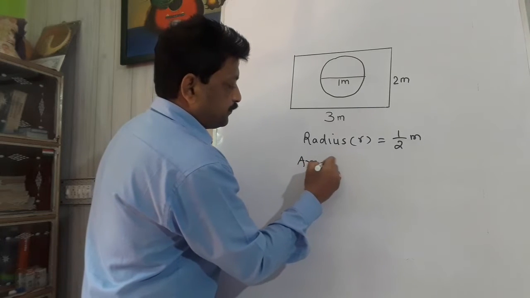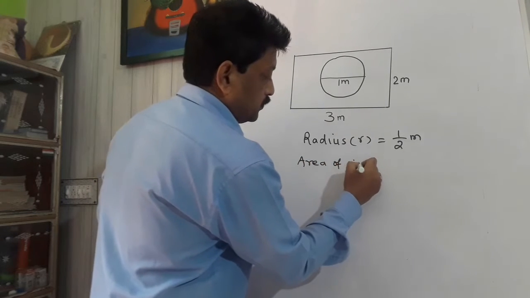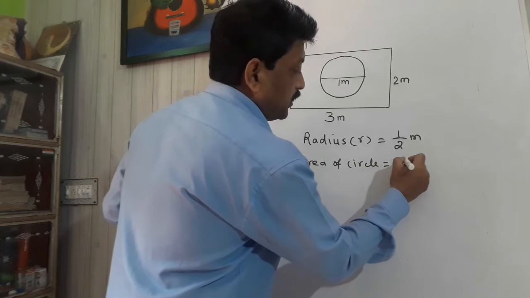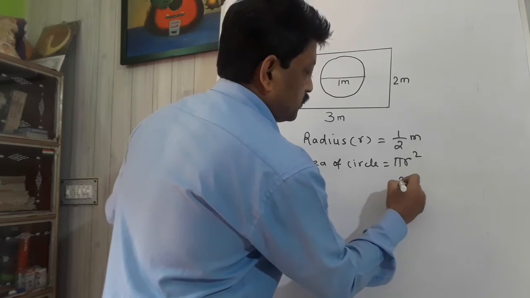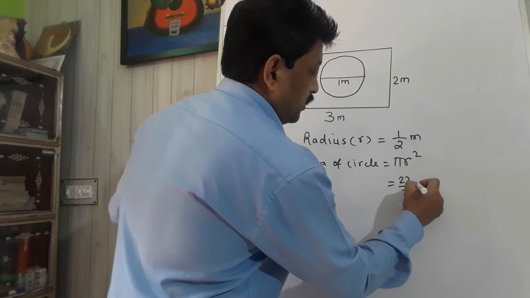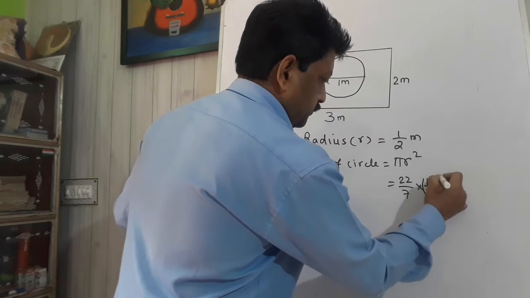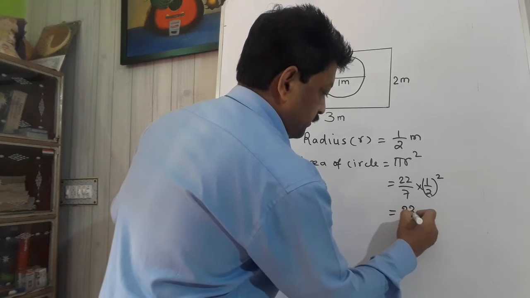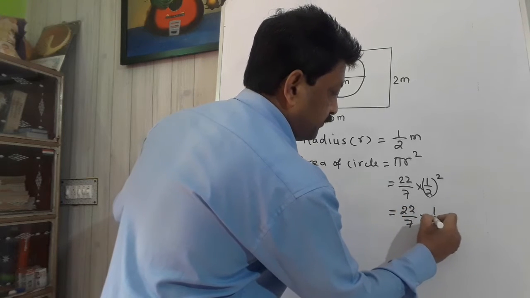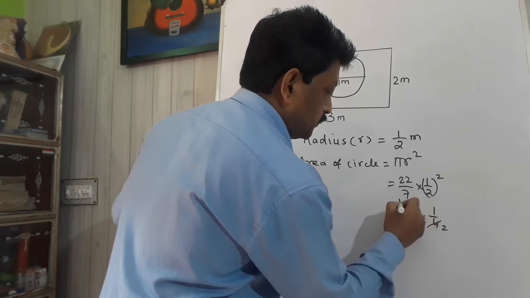Area of circle is pi r square, that is 22 upon 7 into 1 square, 22 upon 7 into 1 by 4.